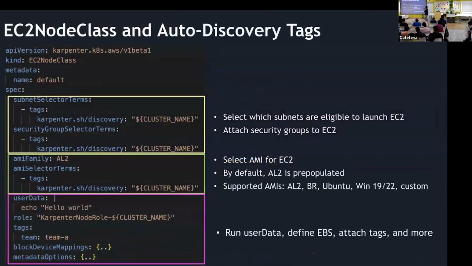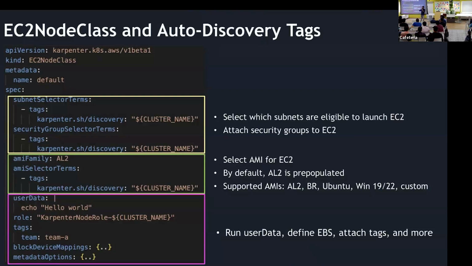The second thing I want to talk about is EC2 node class, which is the second concept for Carpenter. As the name suggests, it is mostly based on EC2 configuration. So you can have your subnet selectors, security groups, AMIs, and many more things. What we did at Cloudera is we are not manually giving subnet IDs or security groups or AMIs. We have auto discovered them. We have all the tagging placed in the Terraform resources.